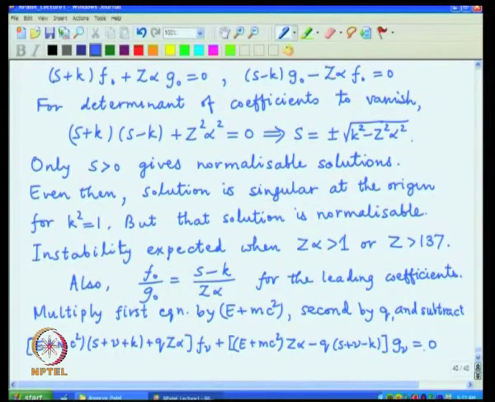So, this equation actually now determines the ratio between f and g coefficients term by term. We still have to solve this, and for that we observe again the asymptotic behavior of the ratio of the f nu coefficient with f of nu minus 1.